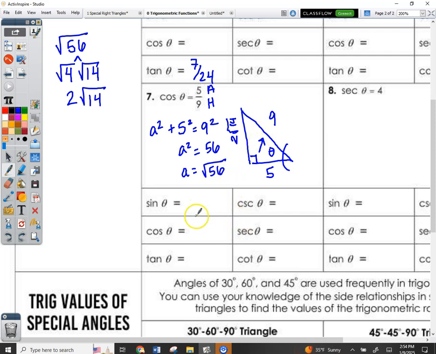So let's find one that's ugly. Tangent would put the radical in the top, so let's do the opposite of tangent. Let's do cotan. Cotan would be the opposite of tangent, that means adjacent over opposite, flipped. So adjacent is 5 and opposite is 2 root 14.